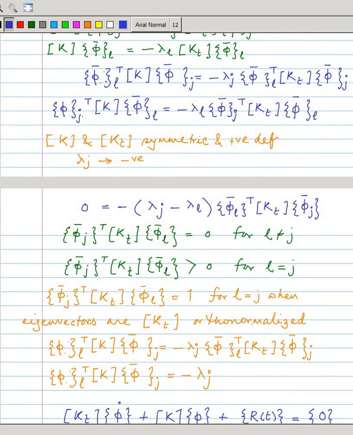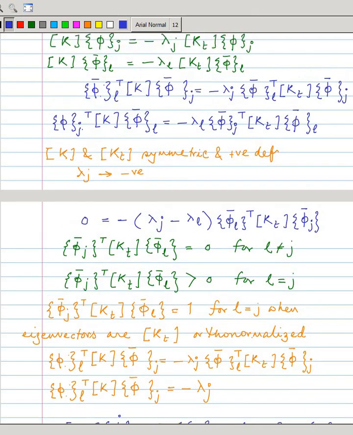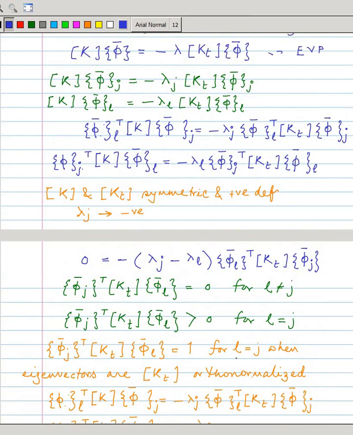So if that is so, then your lambda has to be negative. That we'll see just a little later.